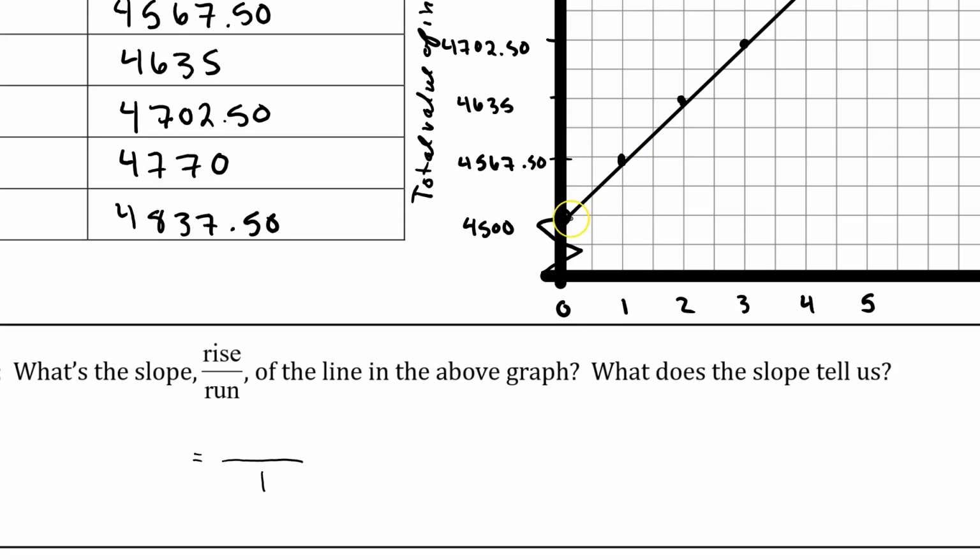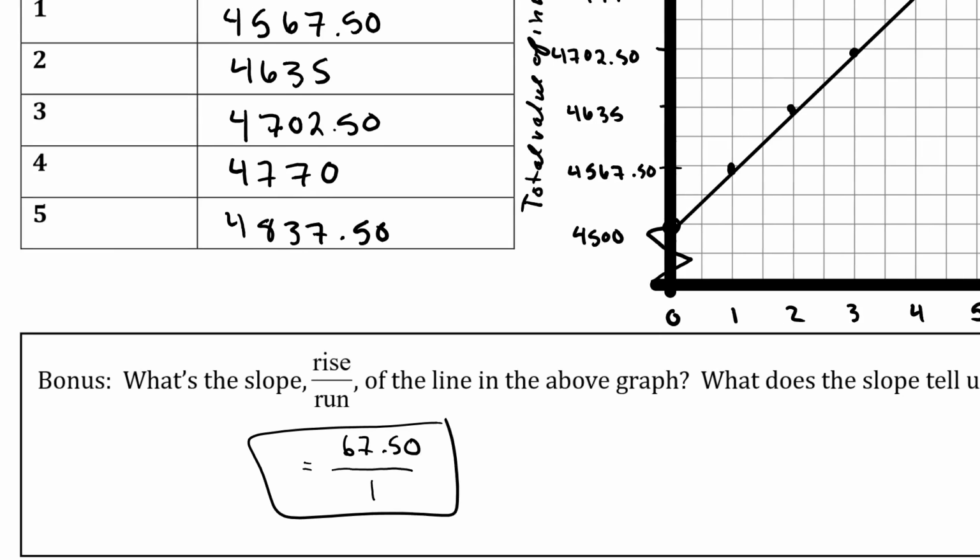But to get from this data point to this data point, we have to rise 67.50. So the slope actually tells us how much we are going to be making every year. And this is specific to simple interest. The graphs are going to look a little different in compound interest, but when it is simple interest, this is always the case. The slope is always going to tell us how much we make per year, and the relationship is going to be linear.